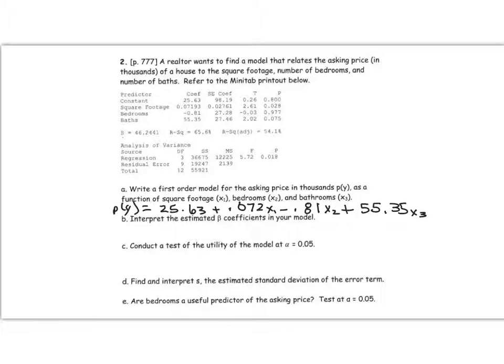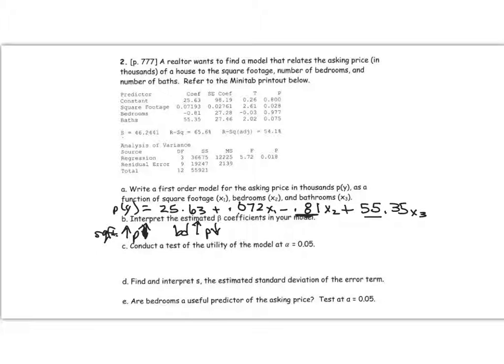So the coefficients here mean that for the first x variable, as square footage goes up, the price also goes up. And for the second variable, as the number of bedrooms goes up, the price goes down.